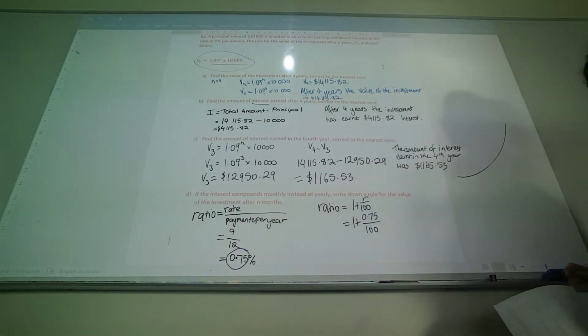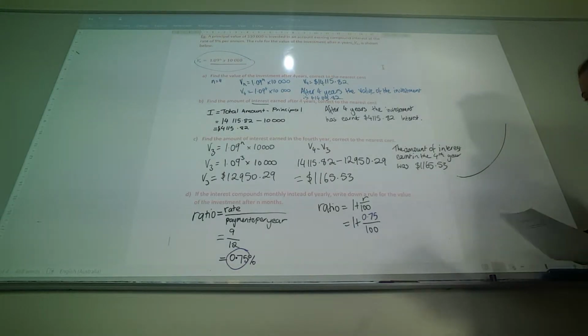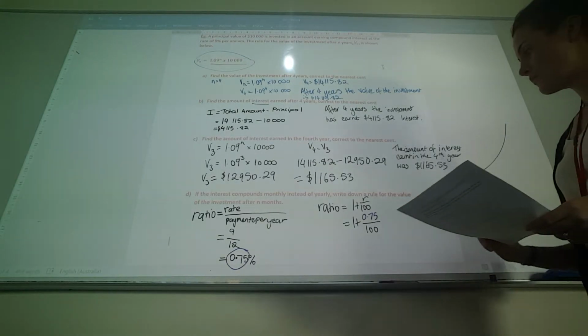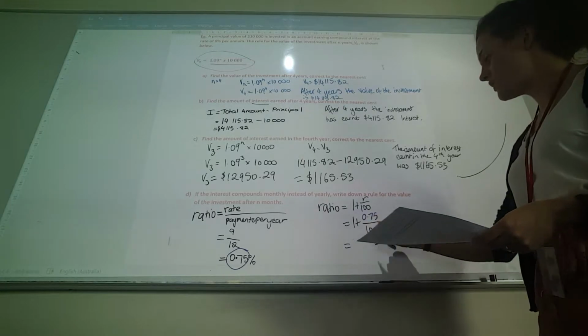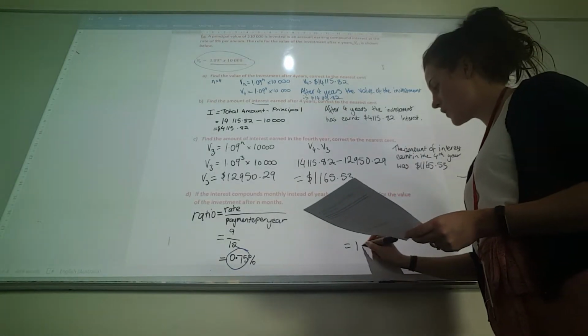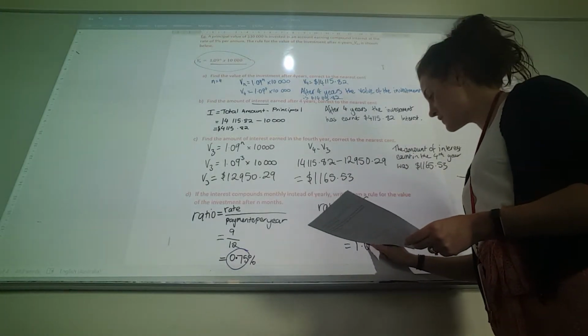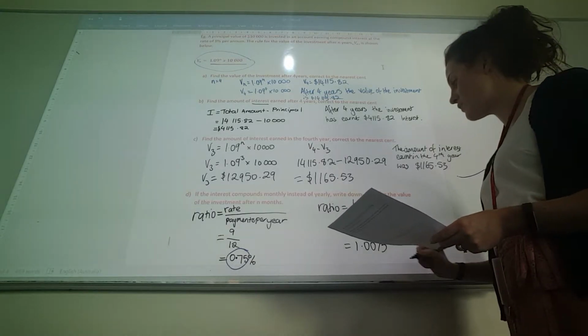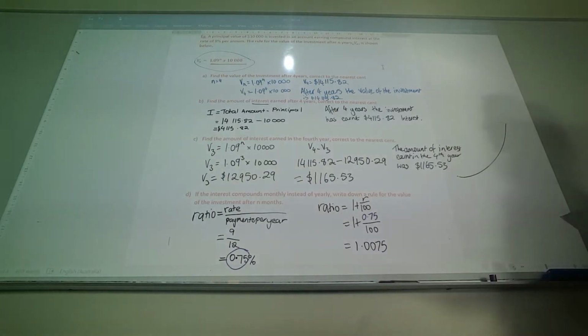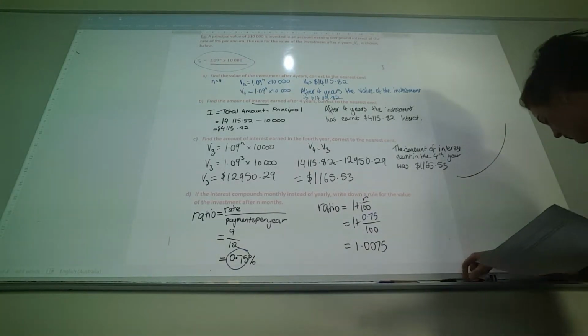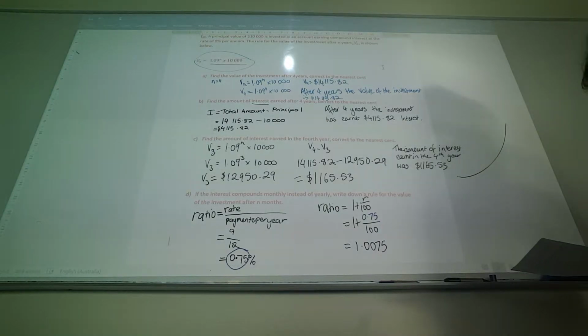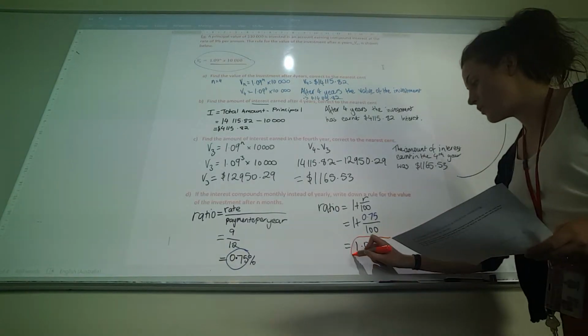It does, but we need to write a rule for it. So you put that whole bit into your calculator, and we've got 1.0075. This is the ratio we are using in the rule.